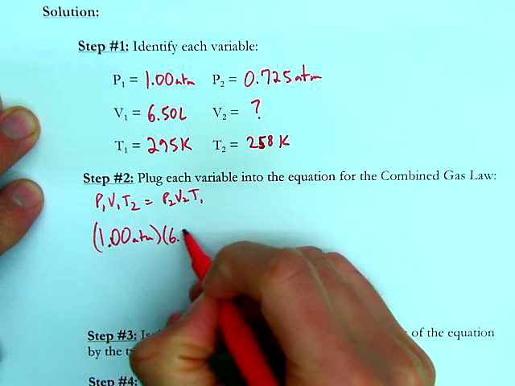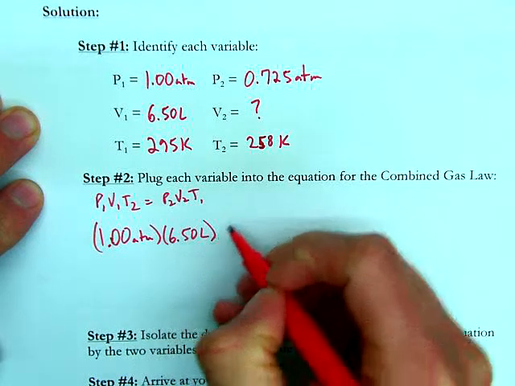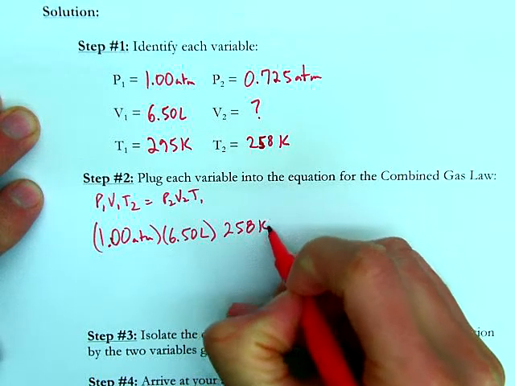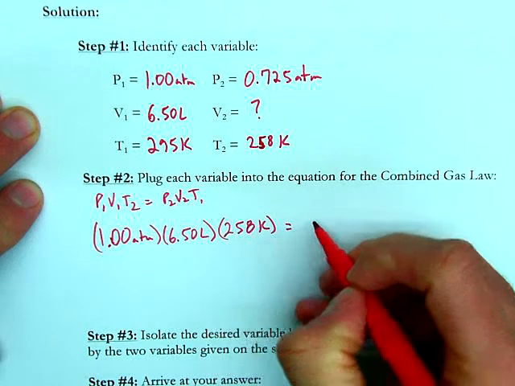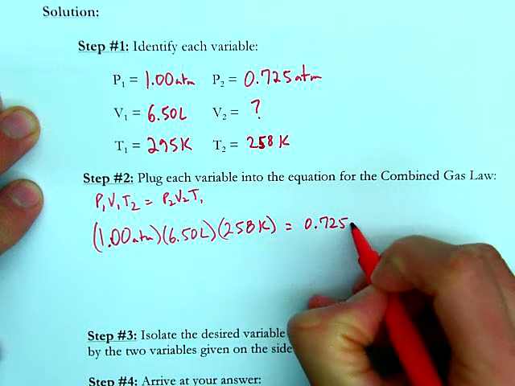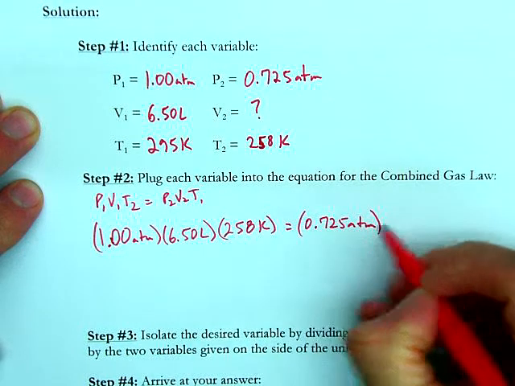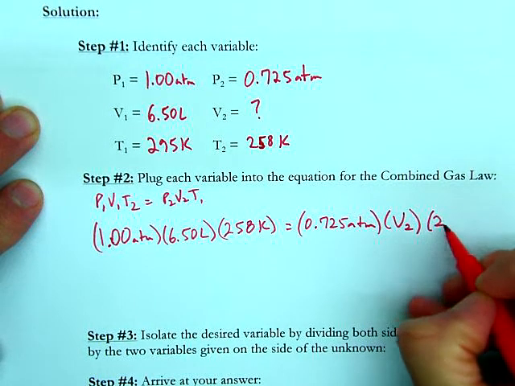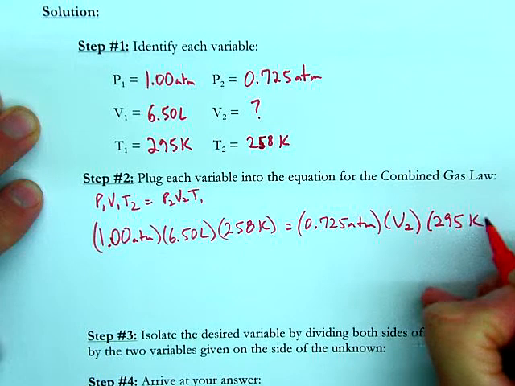Starting volume is 6.5 liters, and our ending temperature is 258 Kelvin. Our ending pressure is 0.725 atm. Our ending volume is unknown, and our starting temperature is 295 Kelvin.